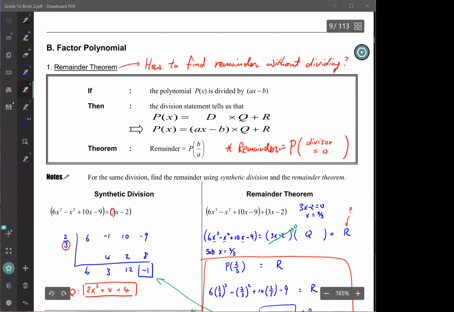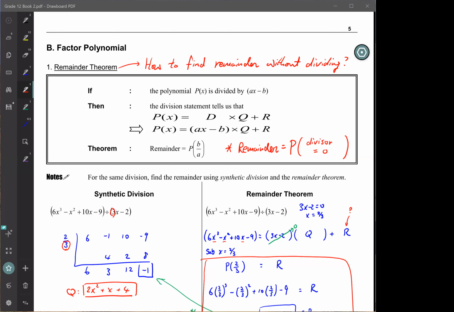Very good. Remainder equals P of divisor equals 0. Excellent. Okay, one last time. Remainder equals P of divisor equals 0.